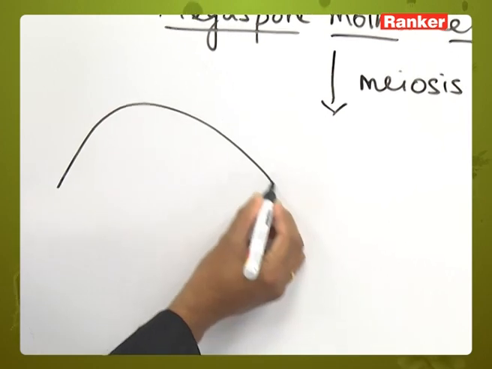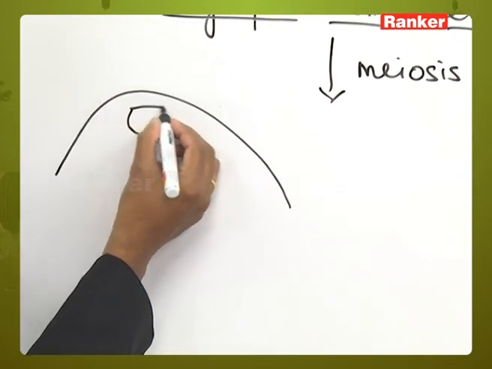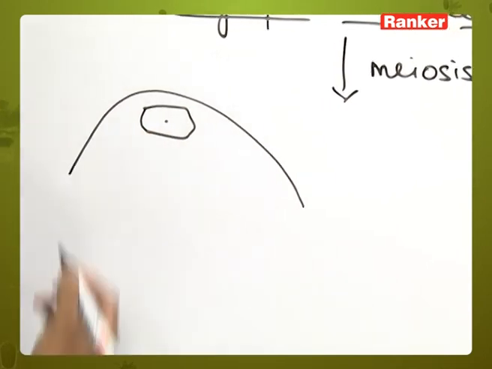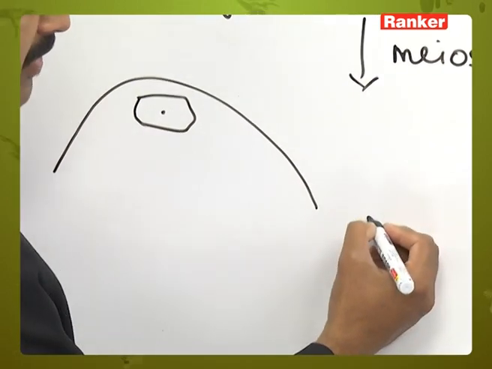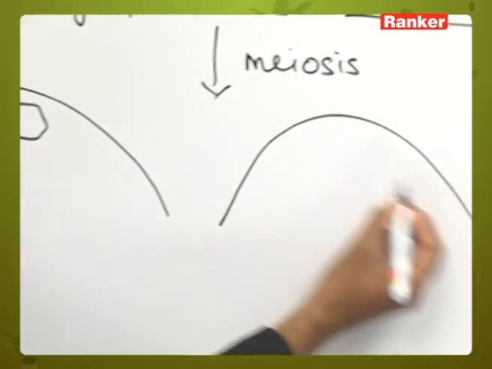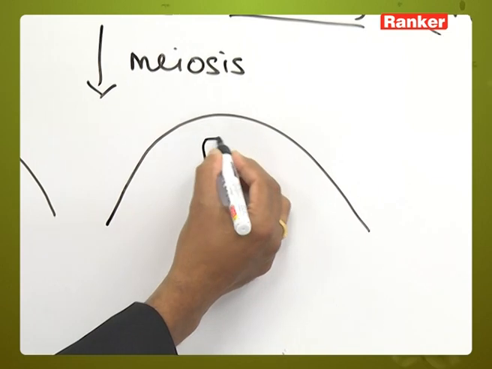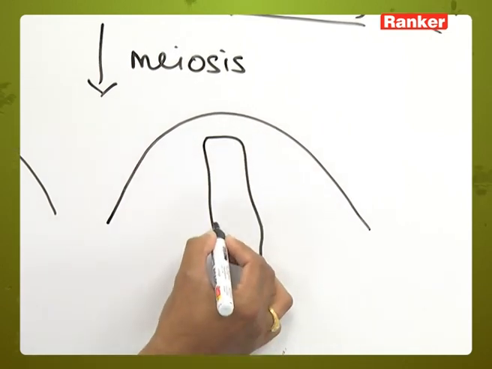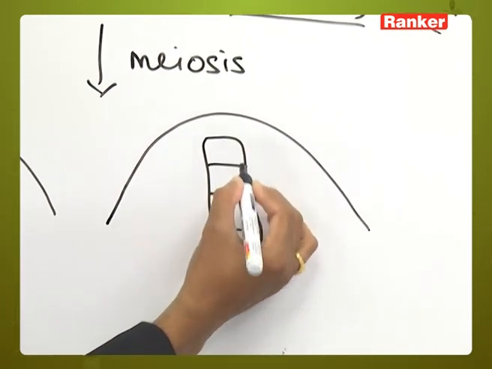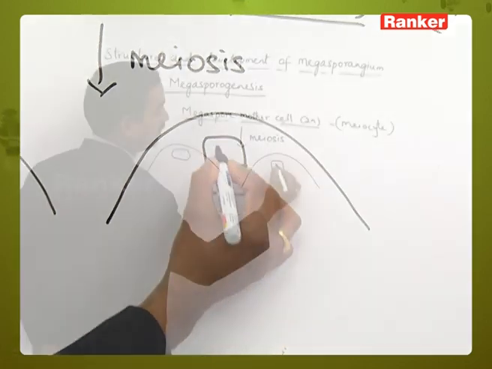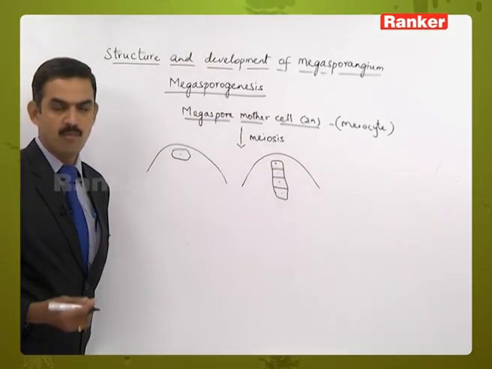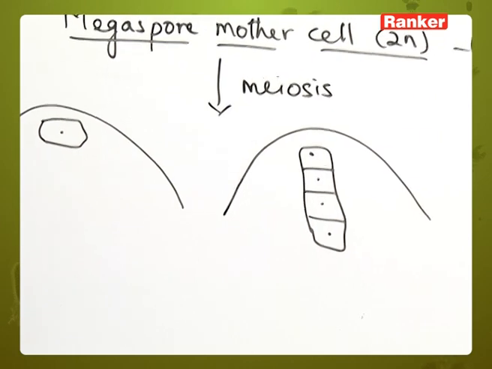Consider here this is a megaspore mother cell. It will undergo meiosis to form a linear tetrad of megaspores.